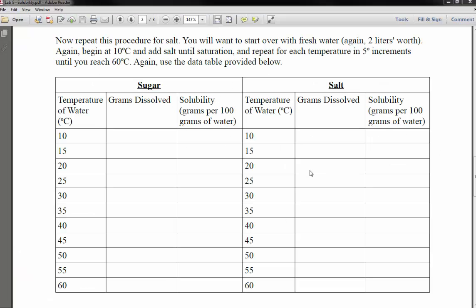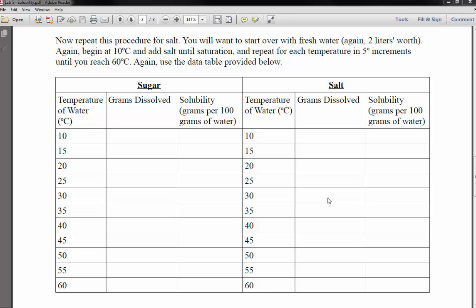So if you are really careful, you may be able to finish out most of this table in one fell swoop by doing that process. If you're not careful, if you put too much salt in and it instantly saturates, it means you're going to have to start all over again. So dump out your salt water, add in 2 liters of really fresh water, maybe even rinse out the pot that you're putting this in first to make sure that any residual salt is removed.